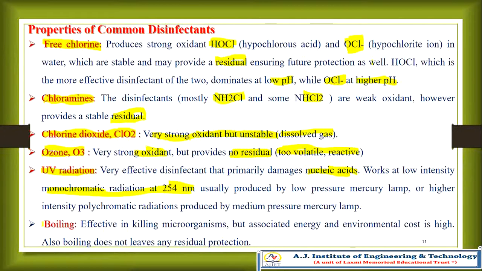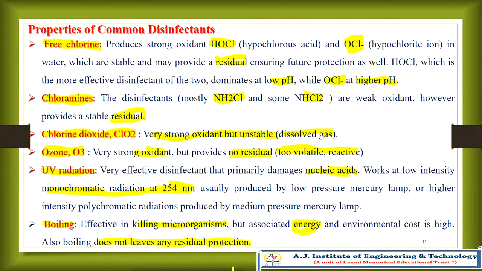And boiling is effective at killing microorganisms. But the associated energy and environmental cost is high. Also, boiling does not leave any residual protection. Energy consumption is more.